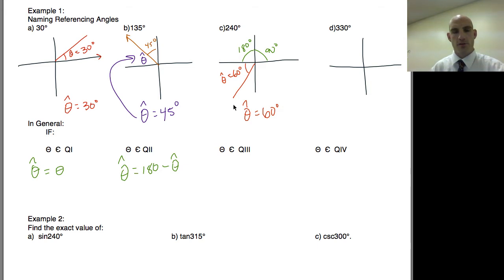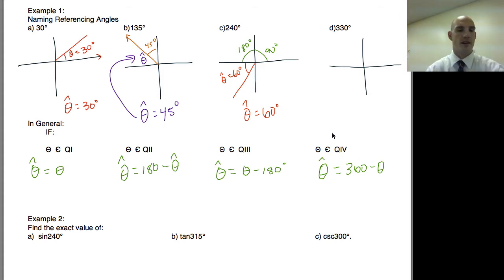If theta is in quadrant 3, we are going to have theta hat equals theta minus 180. Okay, so 240 minus 180 would give me 60. And if theta is in quadrant 4, theta hat is going to be equal to 360 minus theta.